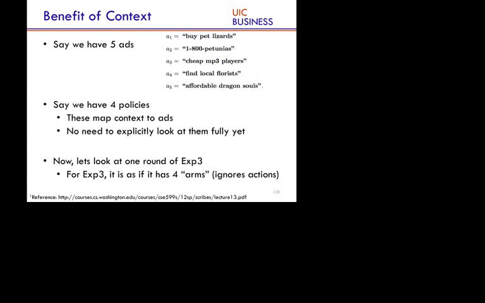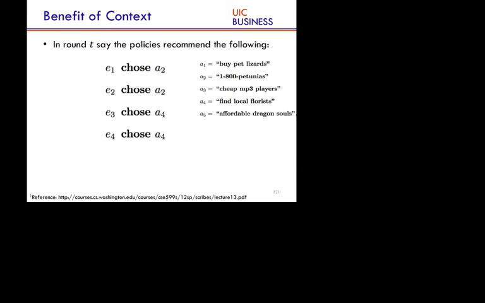So for exp3, it has 4 arms basically, right? So in round t, say the policies recommend the following. In round t, some context came, some patient came or some user came. They had some profile, and based on that, those 4 policies suggest 4 different ads. Two of the policies might suggest the same ad, but that's not relevant to you.